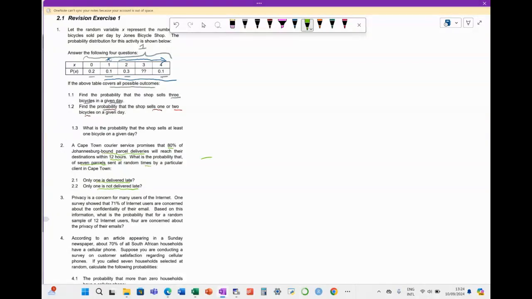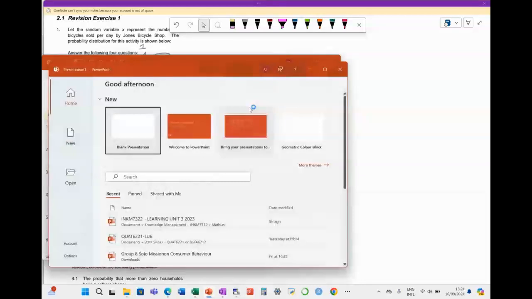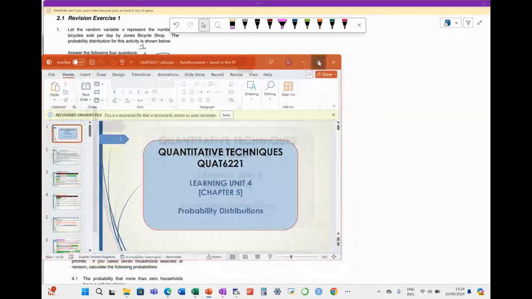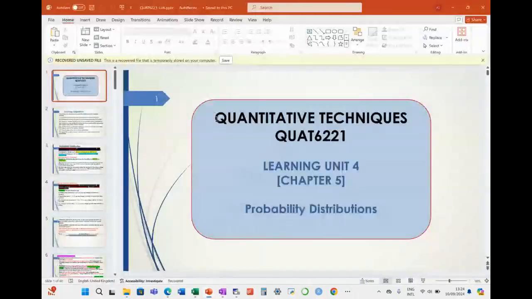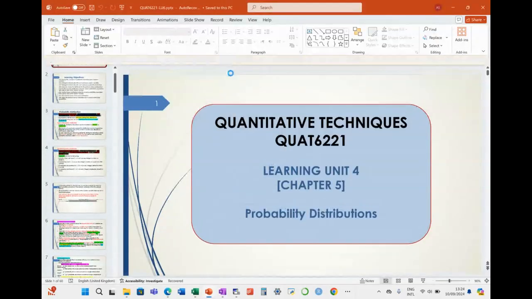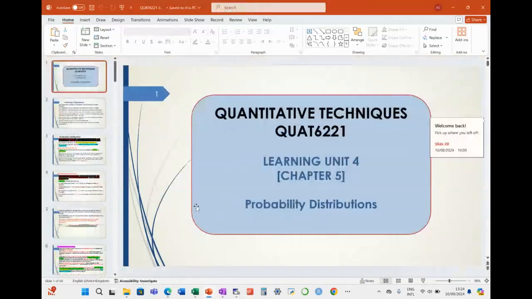We had, let's go back there. Oh, I actually closed my slides. Okay, this is what I want. Yes, there's the Poisson.